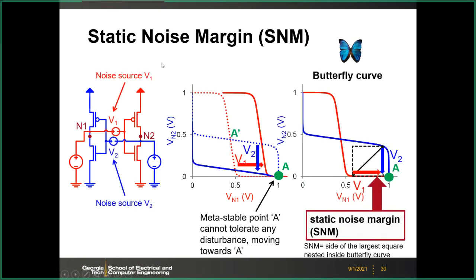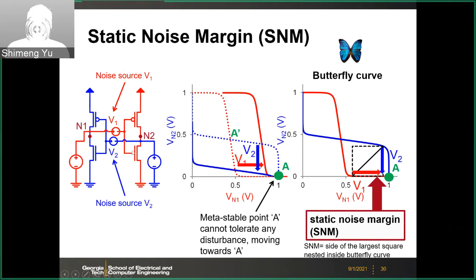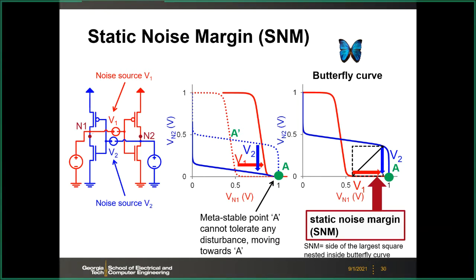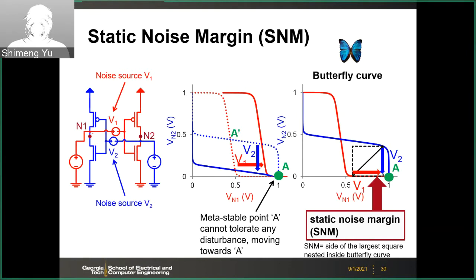So here we can define the static noise margin. So the noise can be modeled as a voltage source to the V1 and V2 load. Those two load voltages, we can attach a voltage bias like V1 and V2 to N1 and N2. This is like a noise source. Since this is static analysis, we can assume it's a DC bias there.